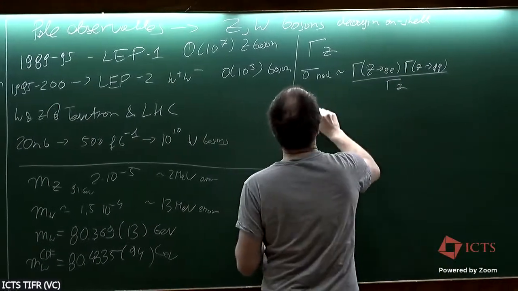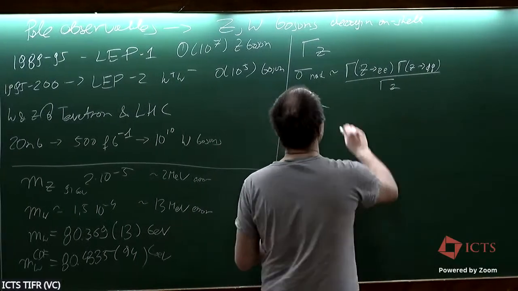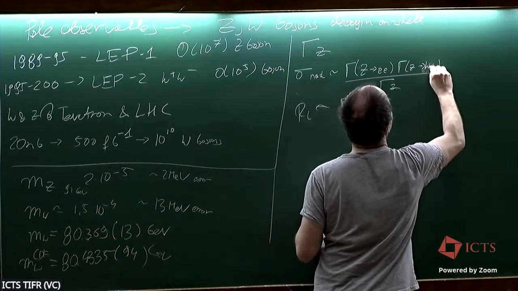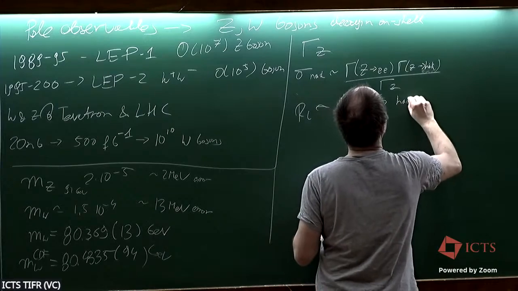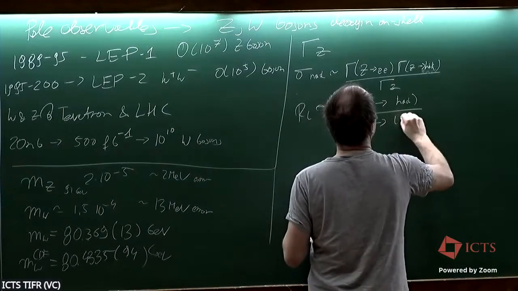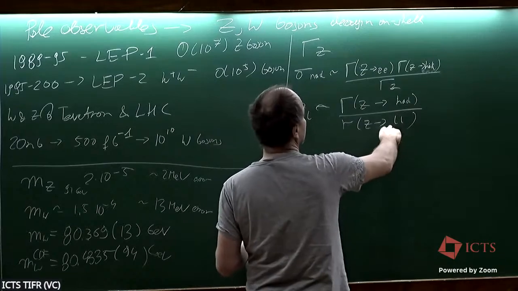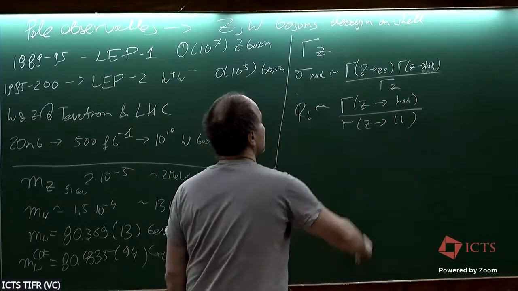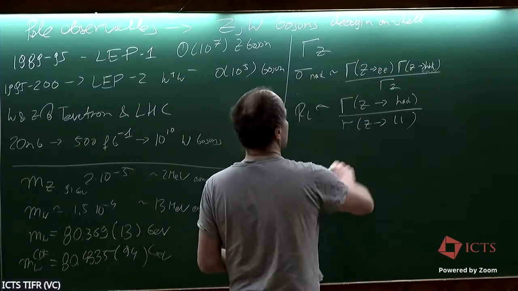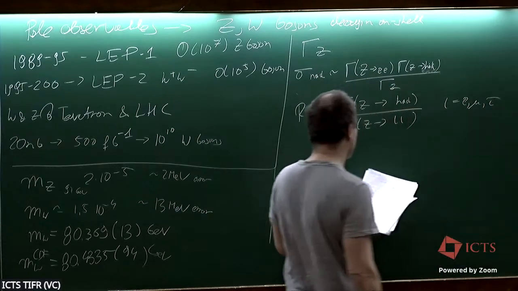Then there are measurements of something called leptonic ratios, which for some unknown reason, Z into hadrons, is defined opposite, and it has the leptons in the denominator instead of the numerator, but that's how it's defined. And this is measured for l equals e, mu, and tau separately.